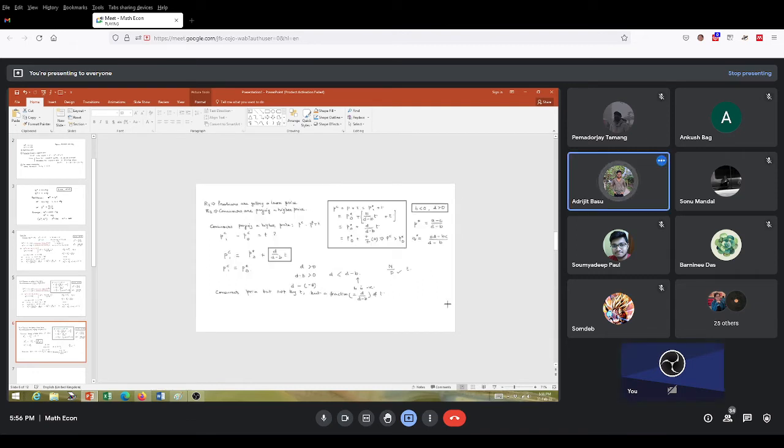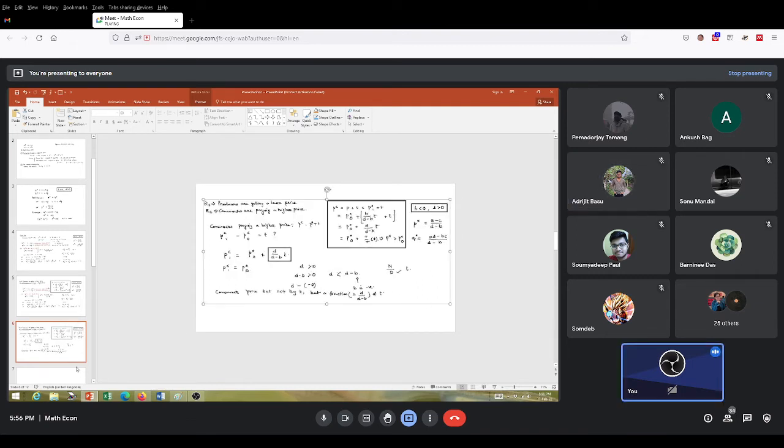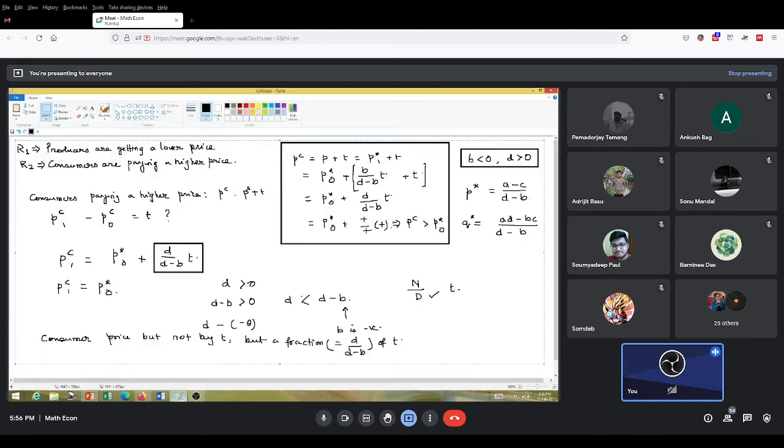Part of it is borne by the consumer in the form of higher prices. The remaining part is borne by the supplier. He has to reduce his price.